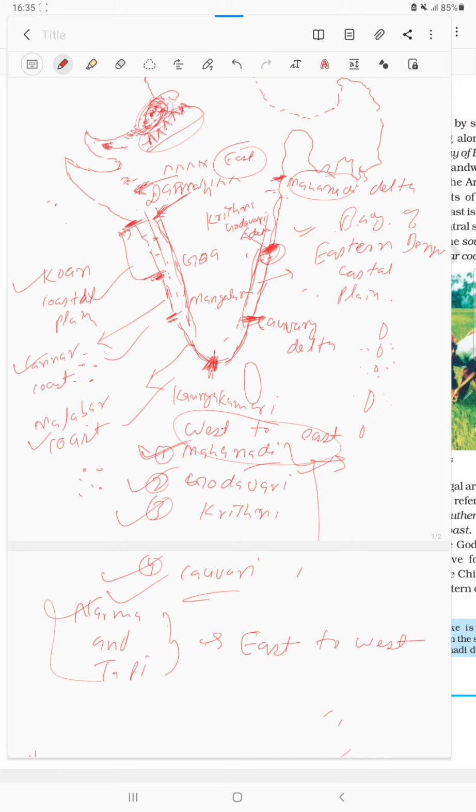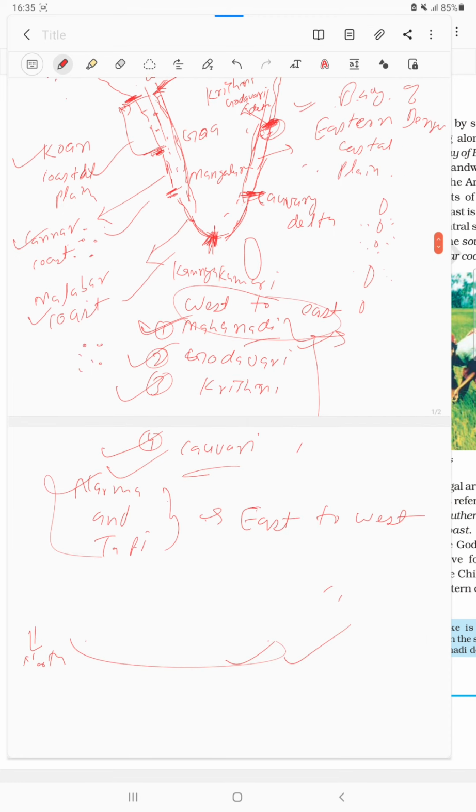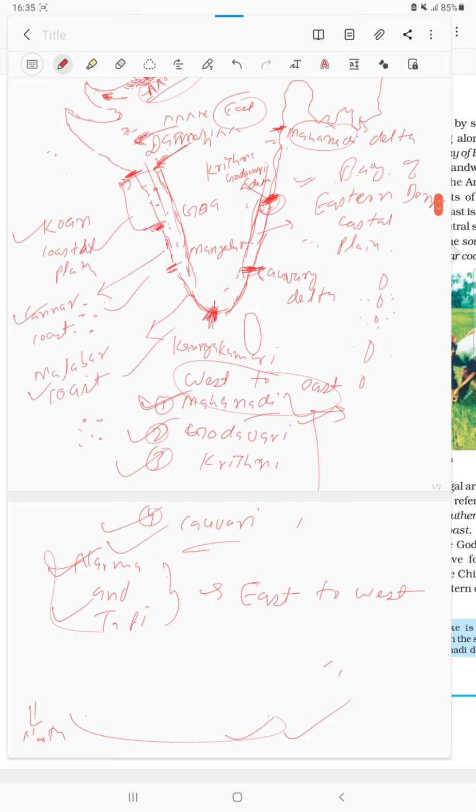Sometimes questions are asked on the direction of rivers. So remember this. Narmada and Tapi flow from east to west, and most of the rivers of southern India flow from west to east. Why do these flow in this direction? Because there is a slope in the eastern direction.